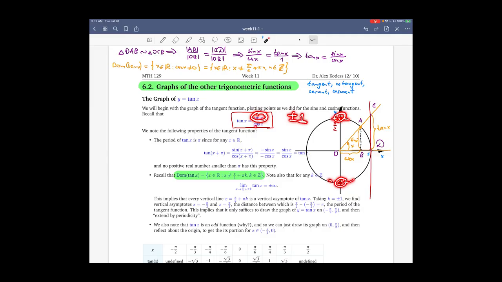And the denominator of this fraction, cosine x, is close to 0. Remember, cosine is the x-coordinate. So when you're close to either of these 2 points on the unit circle, the x-coordinate where you are is close to 0, either positive or negative.